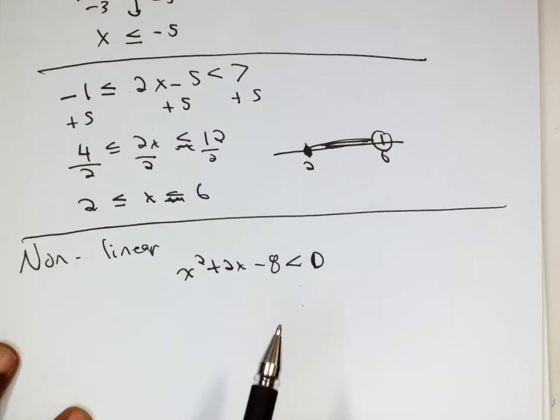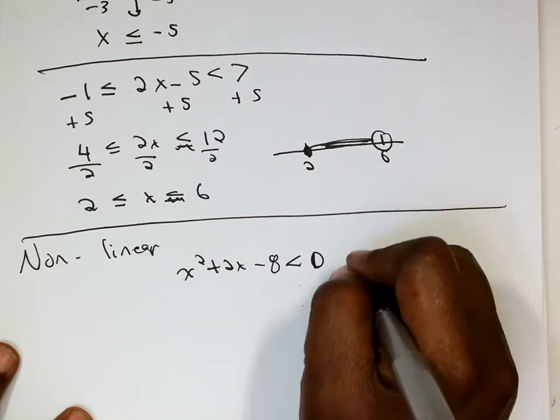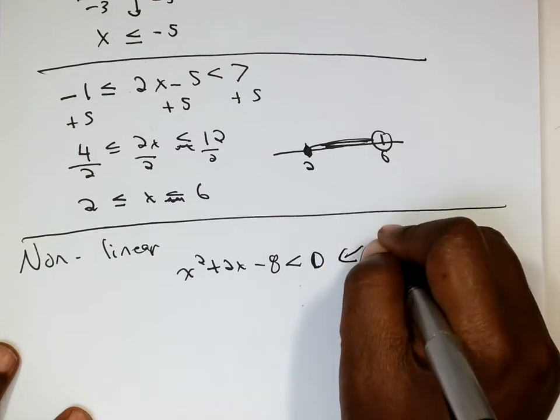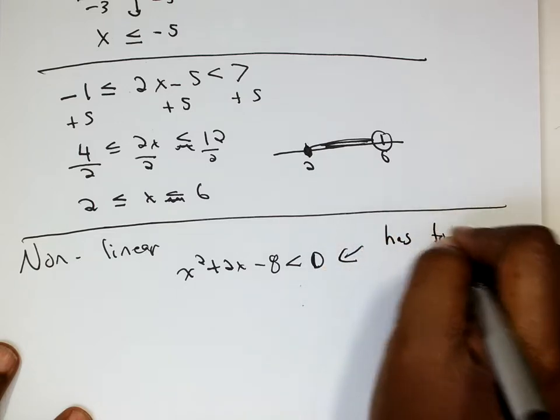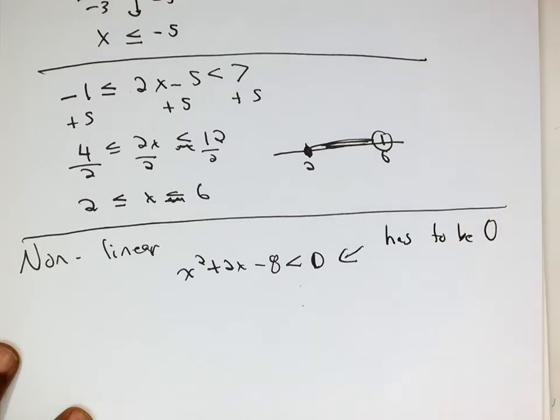Now when we're solving nonlinear, the first thing is one side of the inequality has to be 0. Just like if we were solving a quadratic that was an equal sign, it has to be set equal to 0.